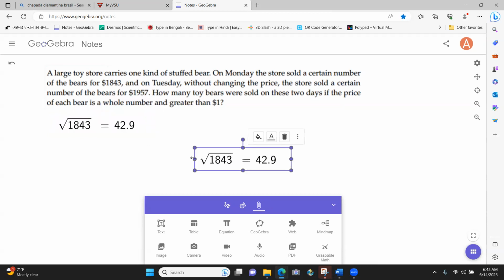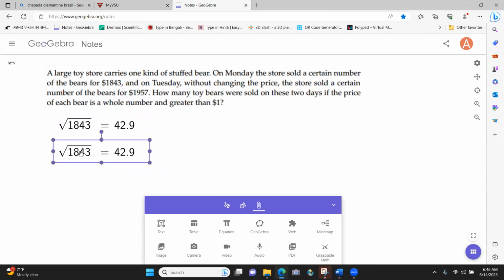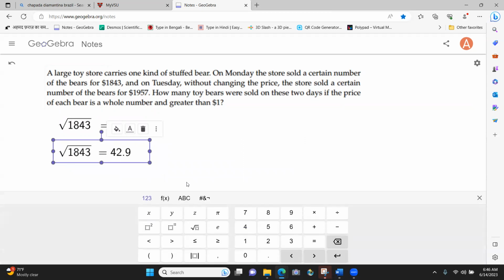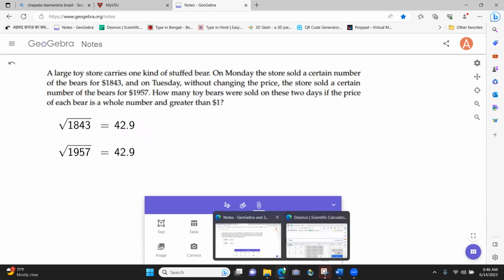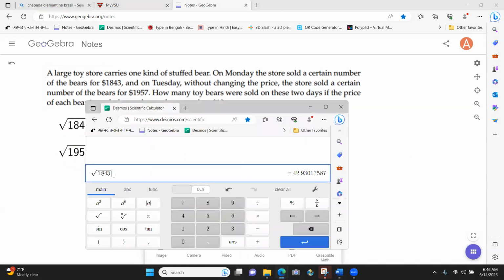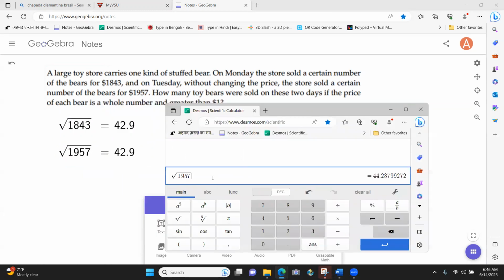So keep this here, and 1957. The square root of 1957 is 44. Oh yeah, 44.